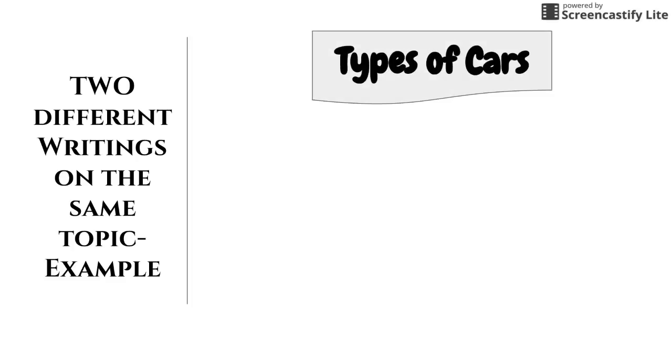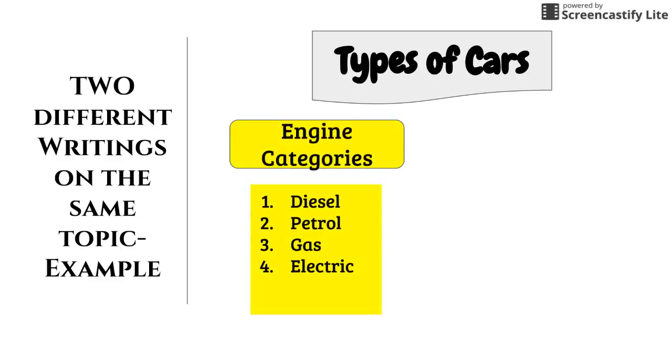Let me give an example of types of cars. If you are writing a classification essay about types of cars, you have different principles according to what you are going to classify. Is it going to be according to the engine? Then you should write about the types of engine that cars have, like diesel, petrol, gas, and electric.